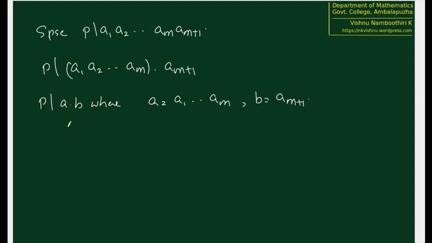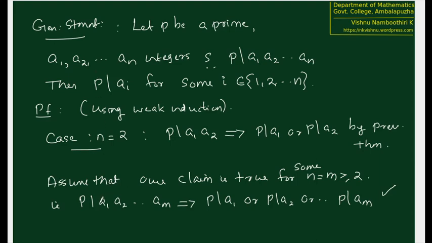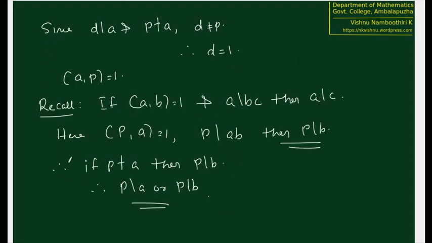But again, using the previous theorem, we know that P divides A or P divides B, but B is Am plus 1. But what is A? A is A1, A2, etc. up to Am, and by our previous assumption, P divides A1, A2, etc. up to Am implies P divides A1 or A2 or etc. Am. So we can club these two together.